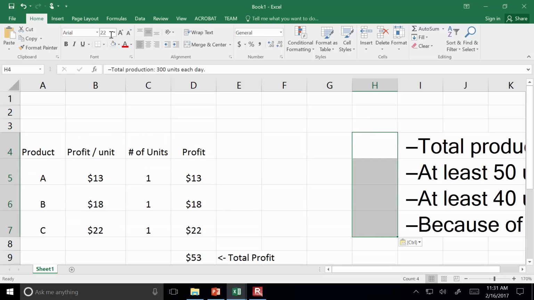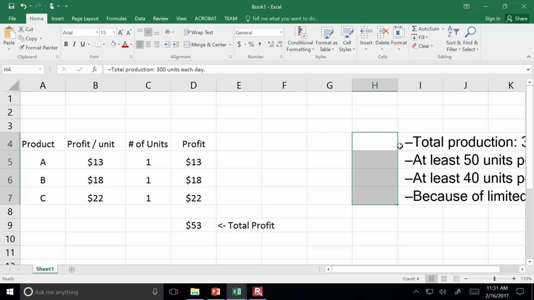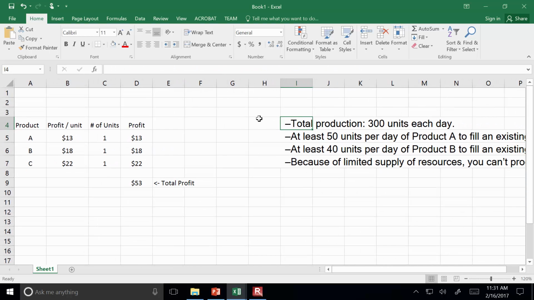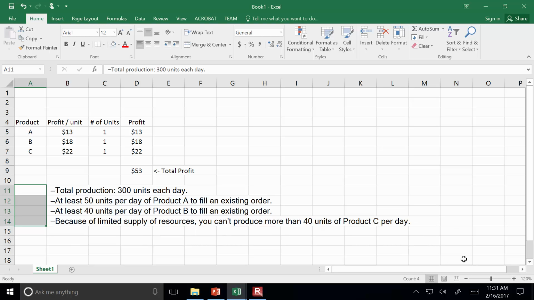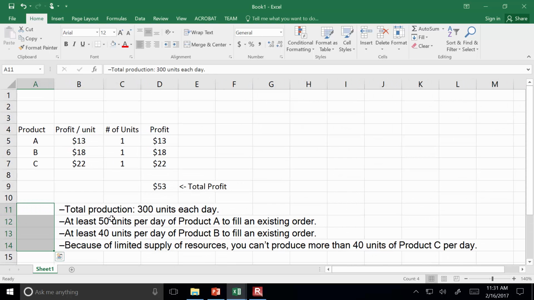That's pretty big. 300 units per day is our total production that we have to do. 50 units per day of product A minimum, 40 units per day of product B minimum, and 40 units of C is the maximum.